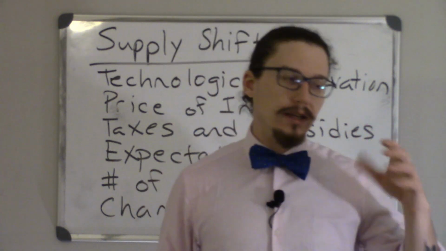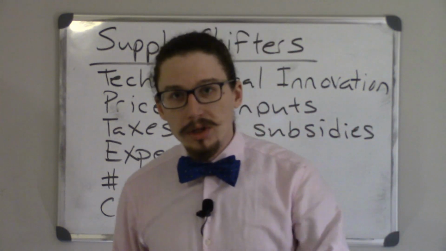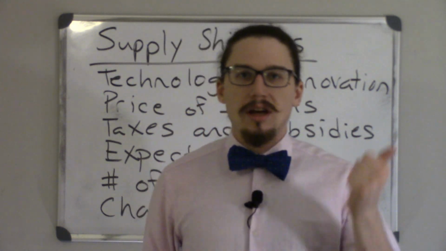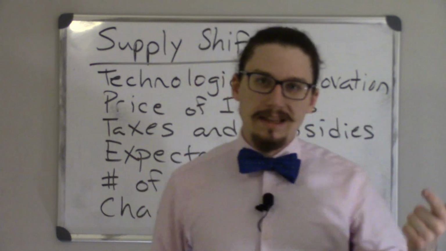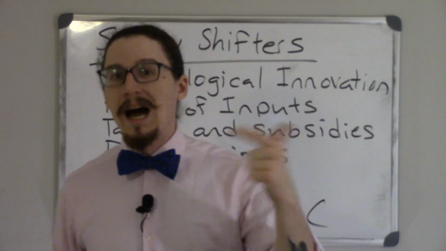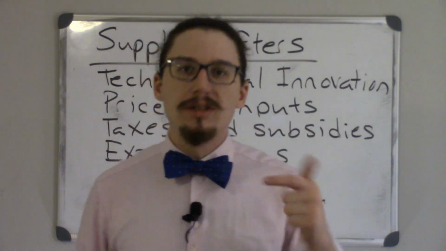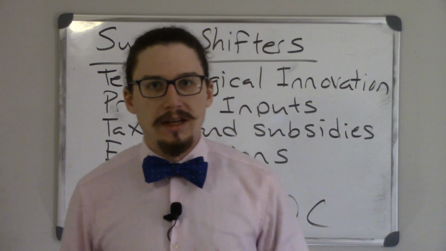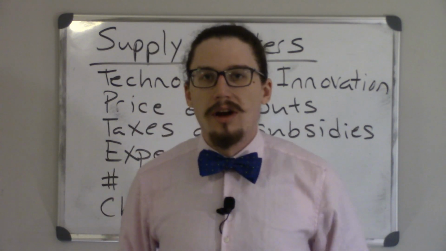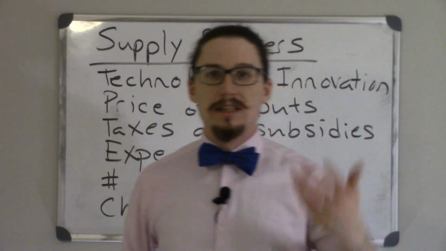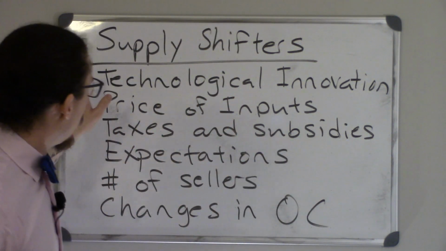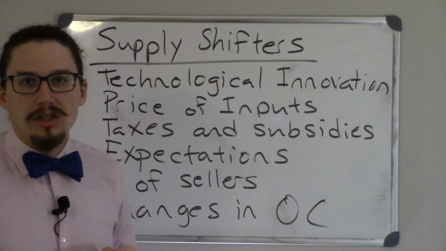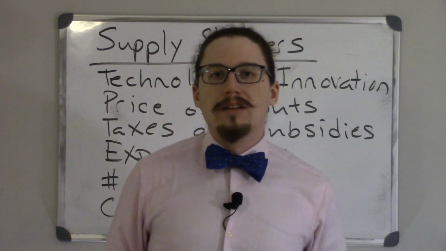Anything that makes it so that you require fewer inputs to make a good, freeing up those resources for other things. Anything that causes the time it takes to create this good to decrease, freeing up that time to spend on other activities, or reinvesting into the same activity so you can do it more. That falls under technological innovation.